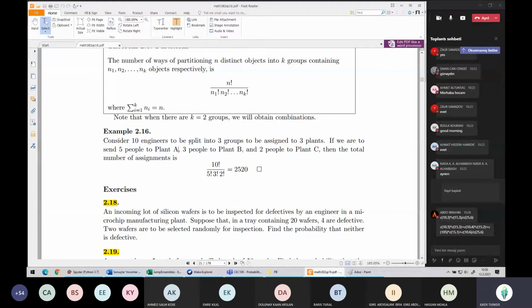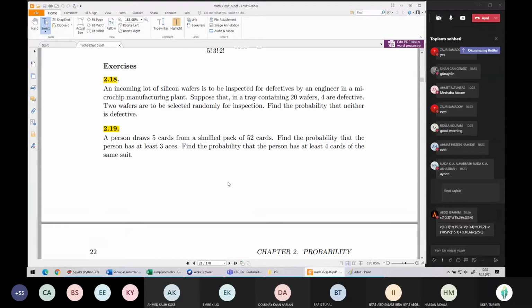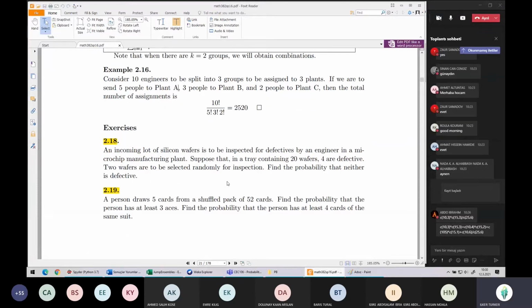Yes. So this is a general expression, and combination rule is a specific expression derived from this general one. Okay? Did you understand it?